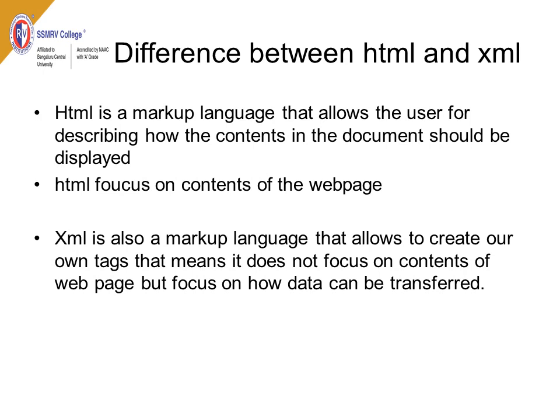It means it focuses on the contents of the web page. But XML also is a markup language which allows us to create our own tags, our own markup language, and does not focus on the contents of a web page. That means if you want to design a web page, we learn a markup language. Such markup languages can be developed by using XML.